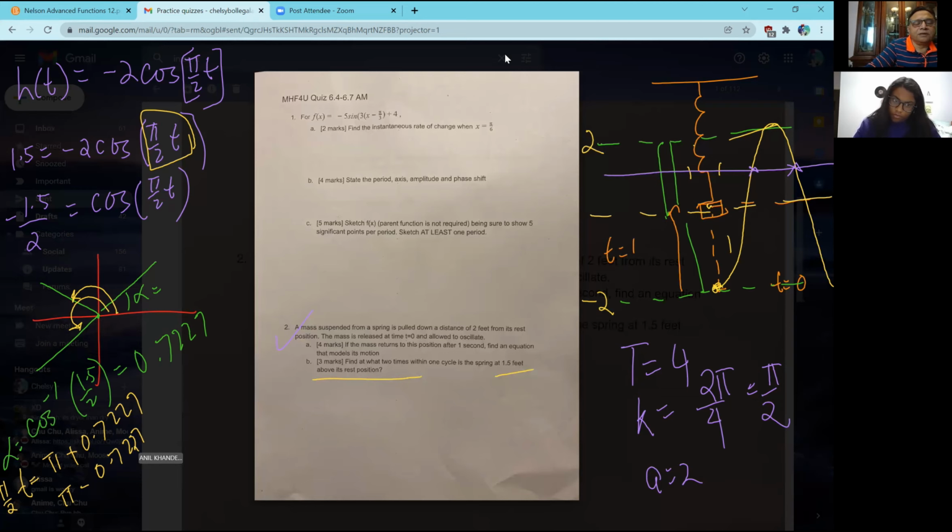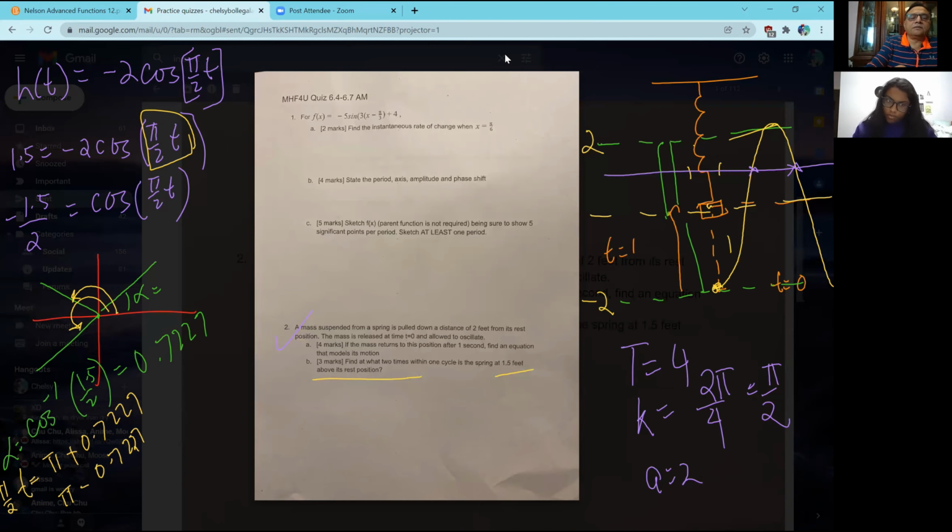So t will be, multiply this by 2 over pi. So if I add pi, I get, let me redo here.